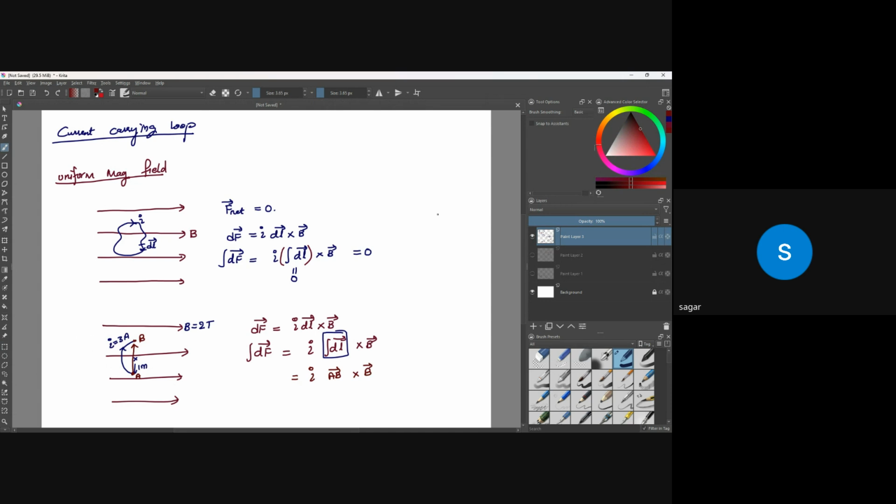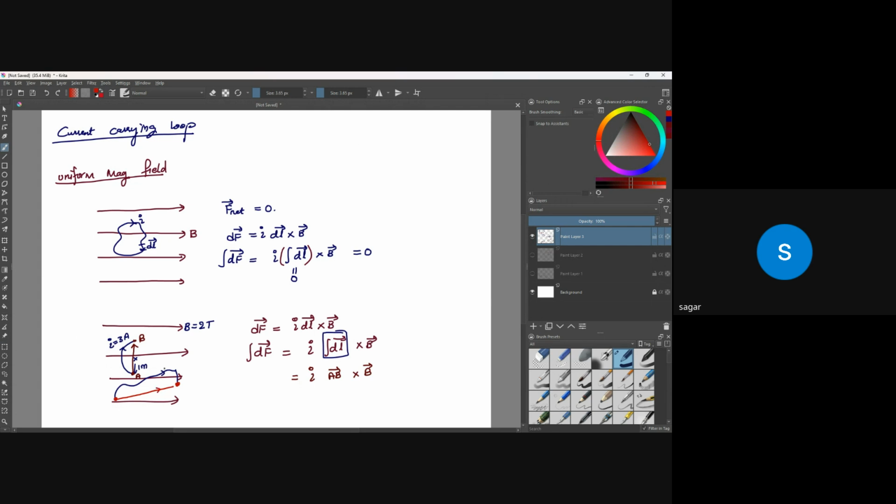What that means is, if you get a question where there is a uniform magnetic field and a wire of random shape, it need not be a semicircle, some random shape like that, and you're asked to find the net force acting on it, all you have to do is take the initial point, take the final point, and draw a straight line.